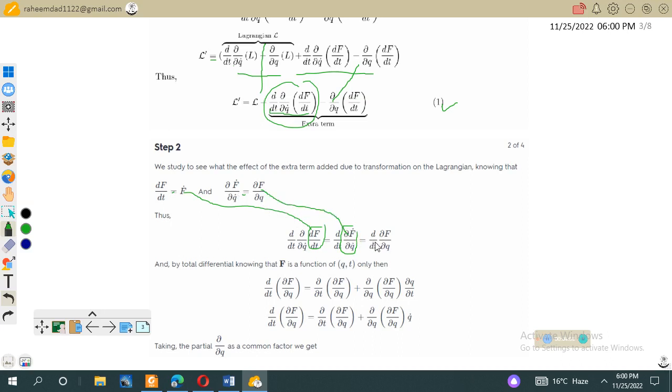So it becomes d over dt of partial f over partial q. Knowing that f depends upon q and t, its total derivative can be written as follows.